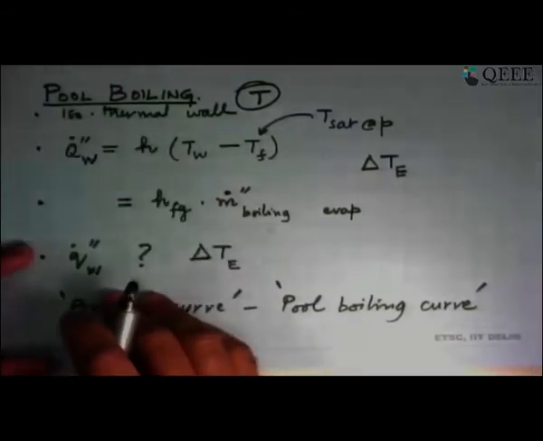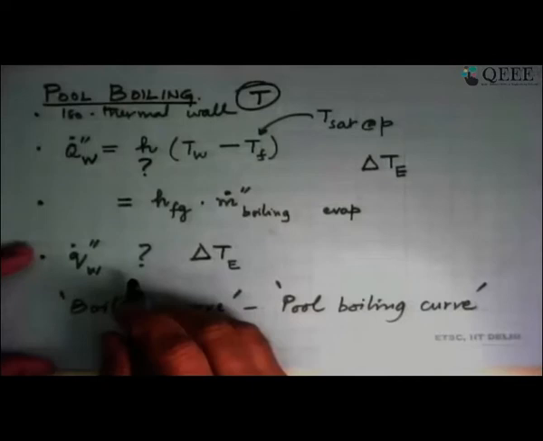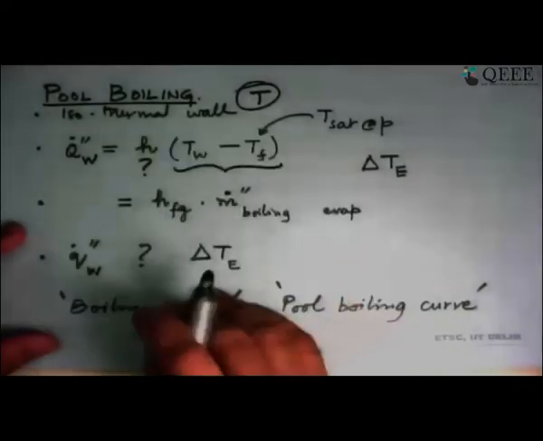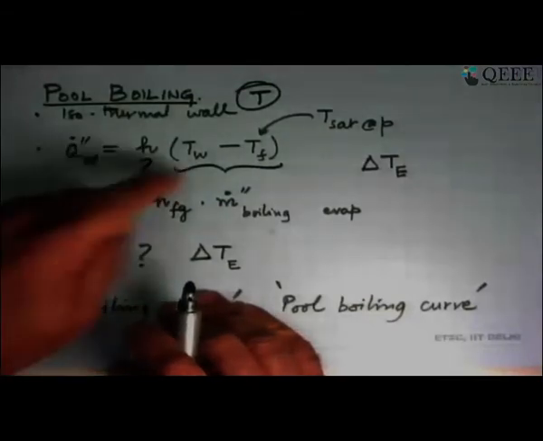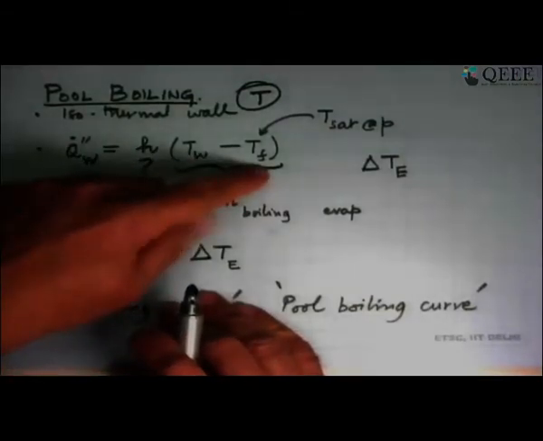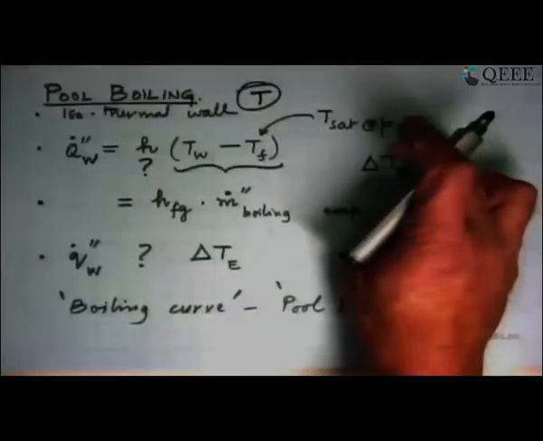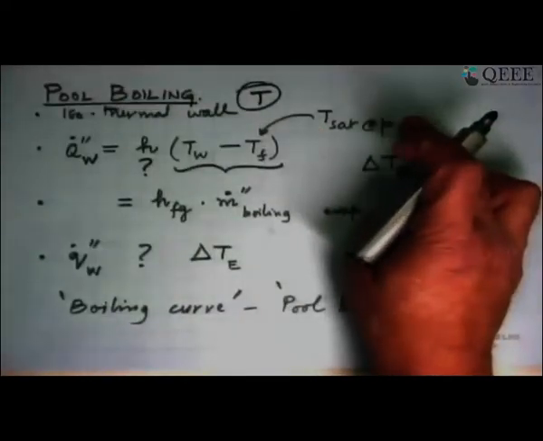So q dot double prime at the wall, this is what we want to know, and we want to relate it with the boiling heat transfer coefficient h, which is also connected to a temperature difference, the wall temperature minus the fluid temperature, which is the saturation temperature at the pressure at which the process is taking place. Now recall that whether it is the evaporator, the boiler, or the refrigerator, we are not looking only at one bar, we are looking at a very large range of pressures over which this phase change could occur.